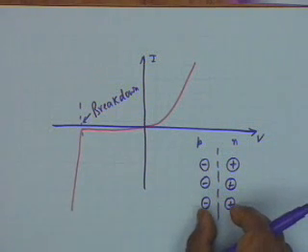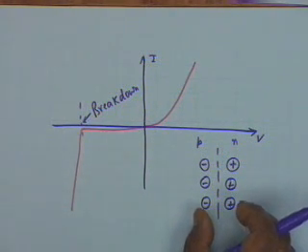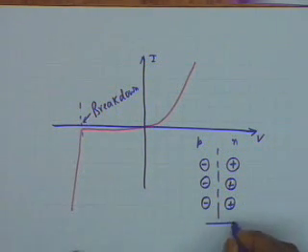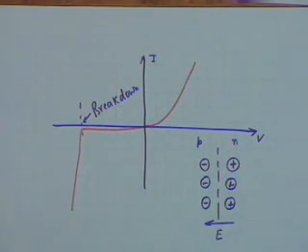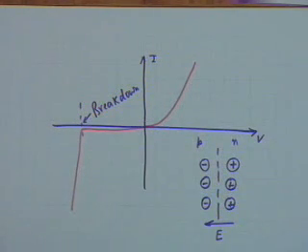Now, under reverse bias, this separation increases. The potential barrier increases. As a result, the electric field E, which is directed from the positive charge to the negative charge, increases. If the electric field is large, what does that mean?